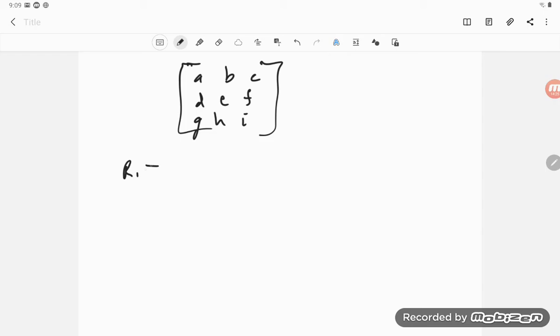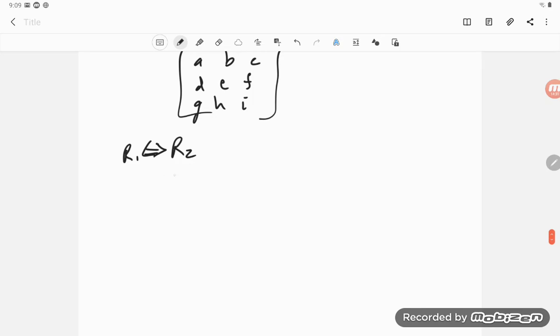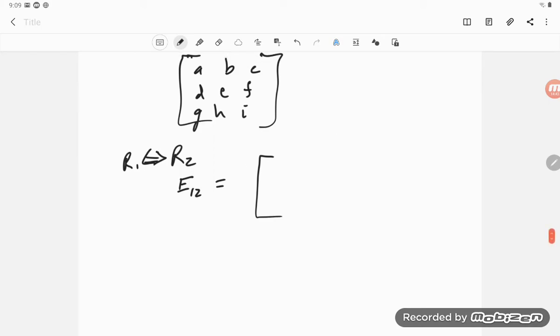Then what that says is we make the matrix E12, and that matrix, again, is the identity, but with rows 1 and 2 swapped.